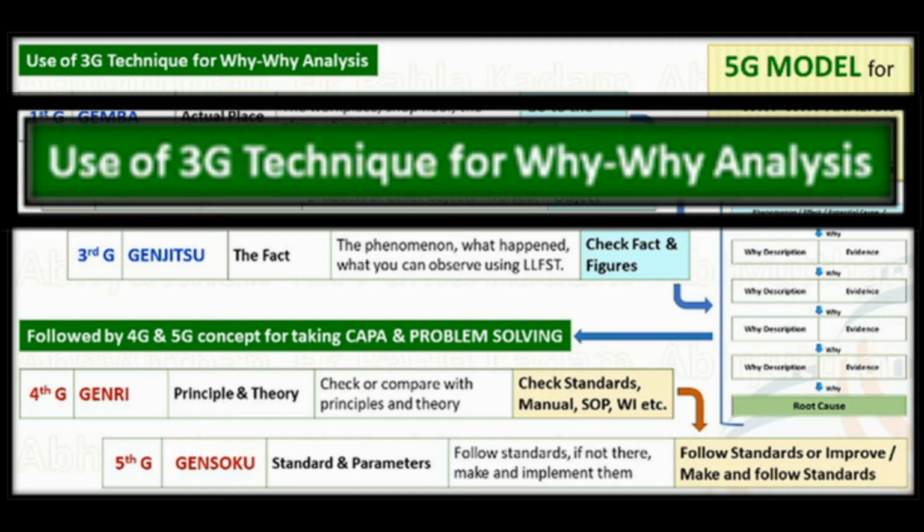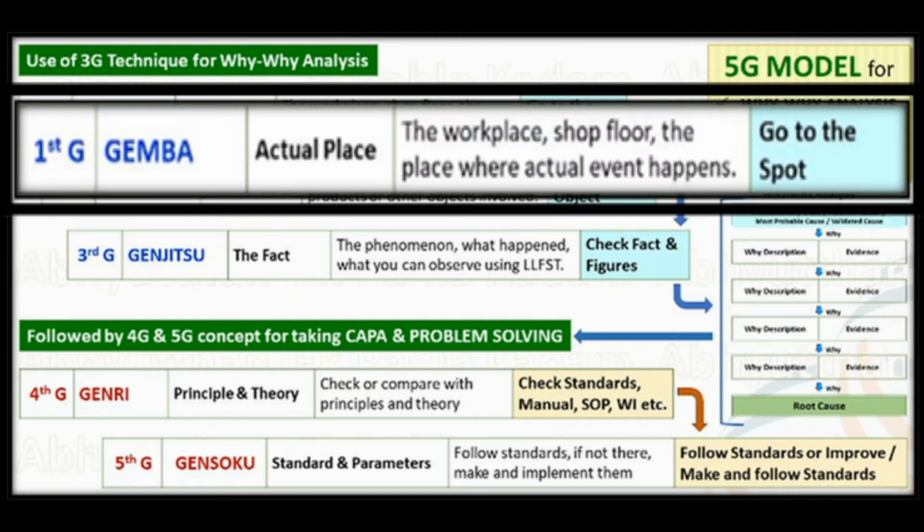The first G comes from gemba. Gemba is the actual place. If you are a professional or have worked in any organization, mostly in manufacturing, you will find this word everywhere.